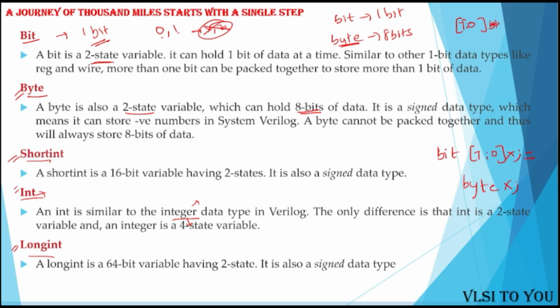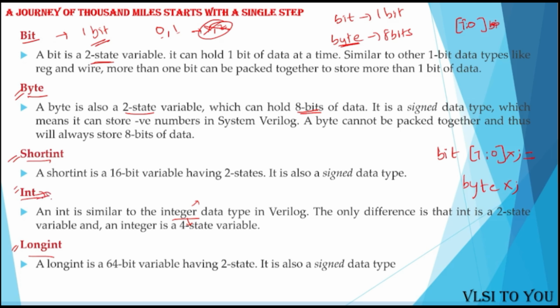If someone asks you the difference between integer and int, the difference lies in the states. Int is a two-state variable, that is why it can hold 0 and 1 values, but integer is a four-state variable, that is why it can hold 0, 1, x and z values. That is the main difference.